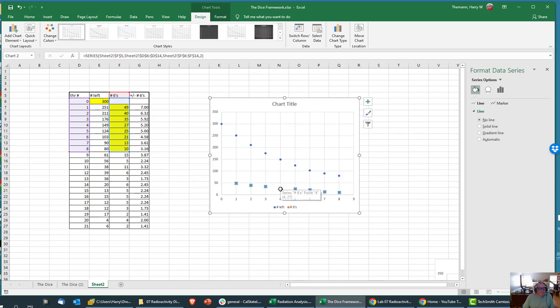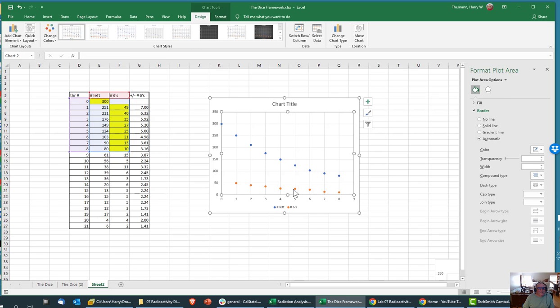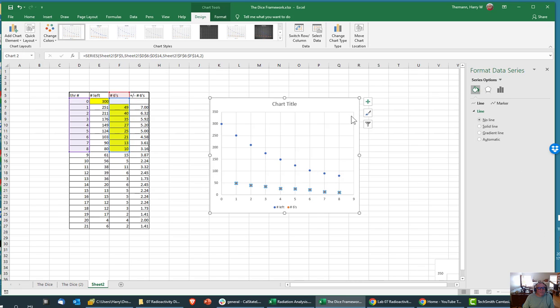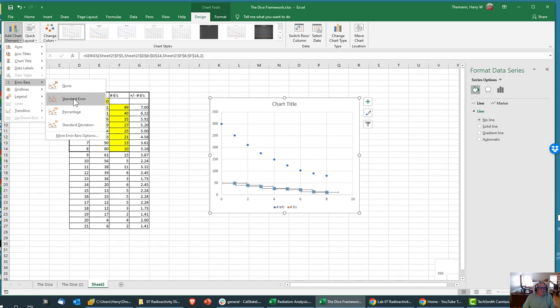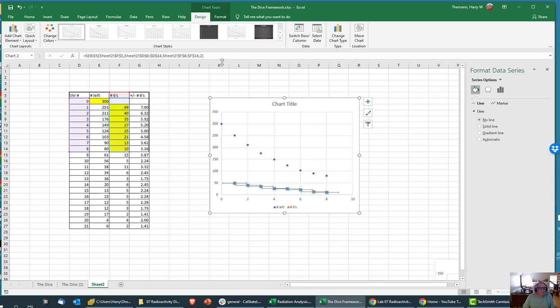Sometimes if you don't get it right, only one dot highlights, and just watch out for that, because if that happens, you'll go through some formatting and then you'll say, oh gosh, I gotta go back and do it again. Now I'm going to add a chart element, and the reason I selected it is because if I don't pick one of the data series, it'll put error bars on both of them, and then I have to go back and remove them from the one up here.